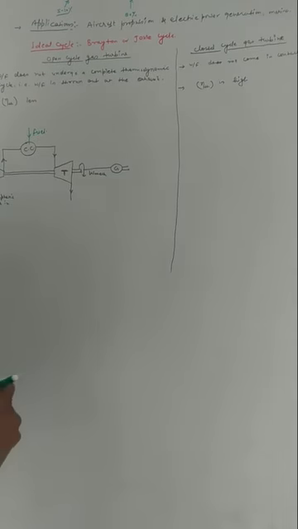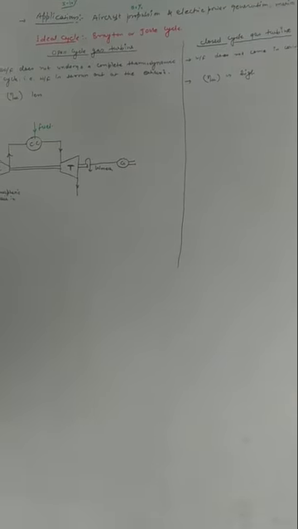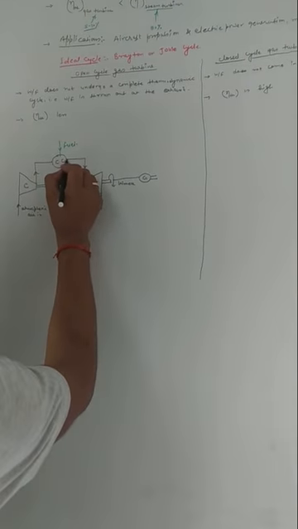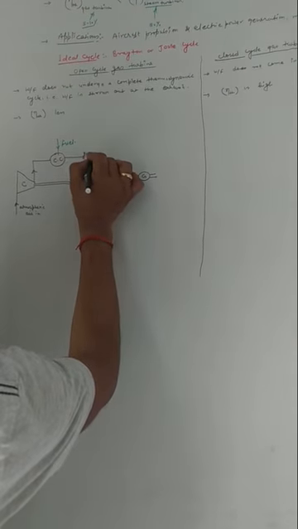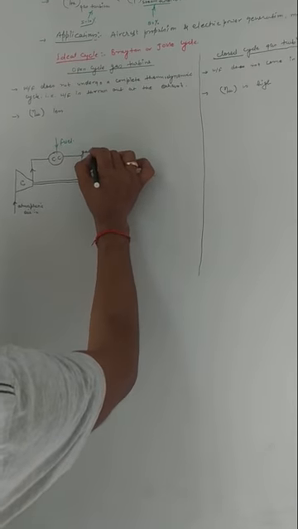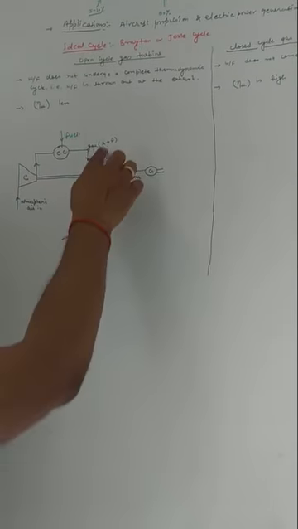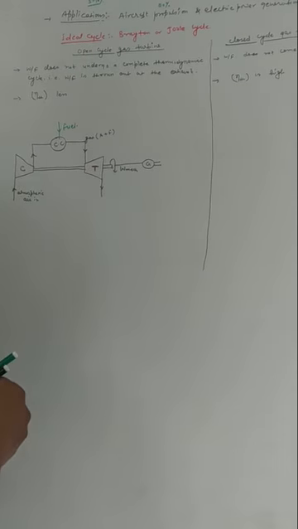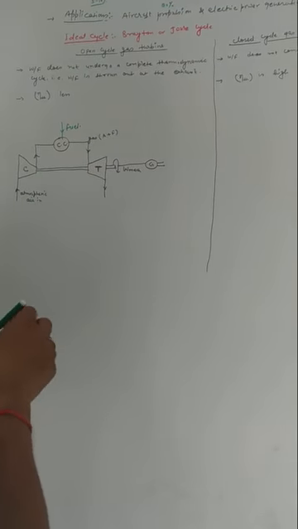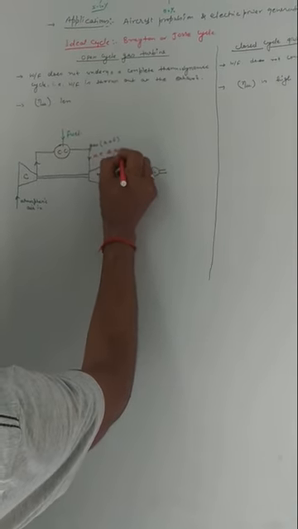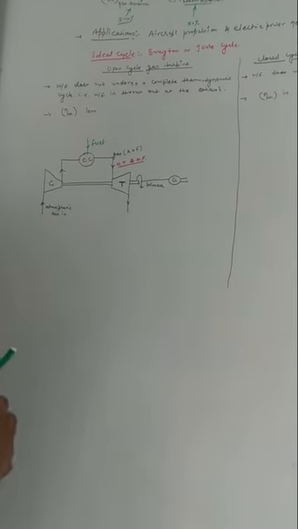Fuel is supplied into the combustion chamber in the form of spray, and combustion takes place in the combustion chamber. After that, there is a generation of gas. Combustible gases are generated. This is the mixture of air and fuel. These gases are at high temperature and high pressure.